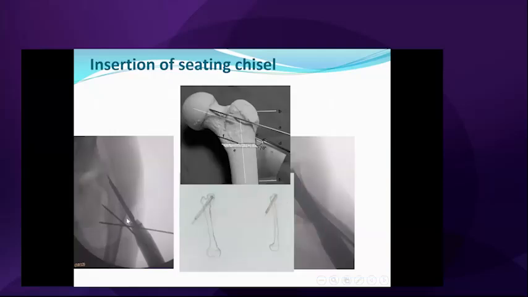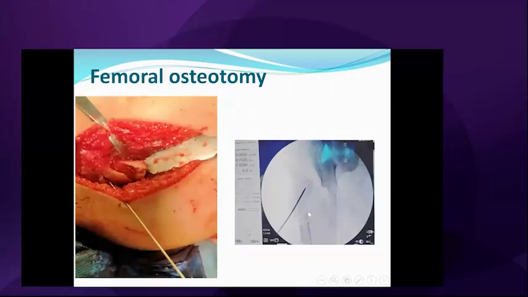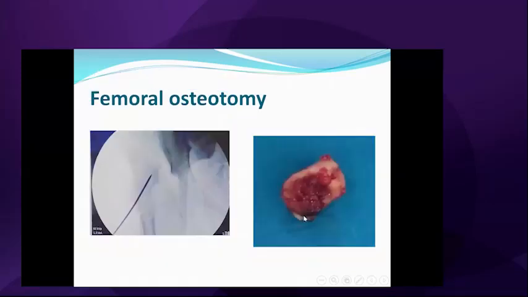This is the intraoperative X-ray showing how to insert the seating chisel in the neck. This is the osteotomy above the K-wire and below the K-wire to create a medial triangle. This is the triangle created medially.